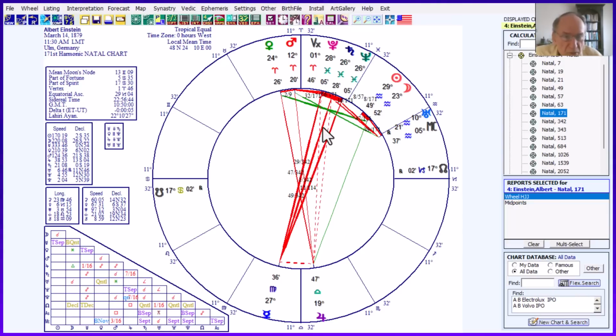So we're seeing some other planets get involved, and we're also seeing that the configuration is extremely simple and extremely tight. I mean, all the lines are so thick, this thing spreads only 2 degrees. Wow.